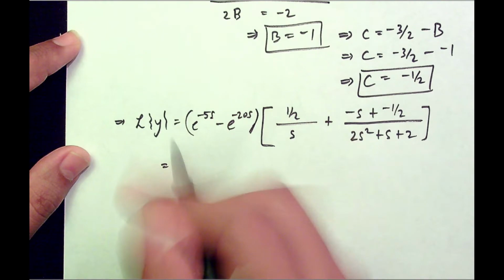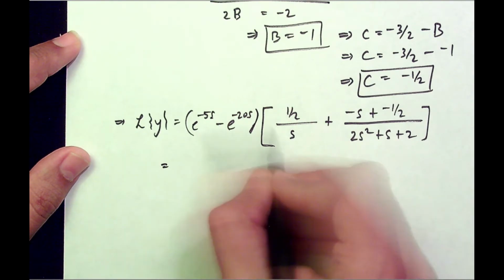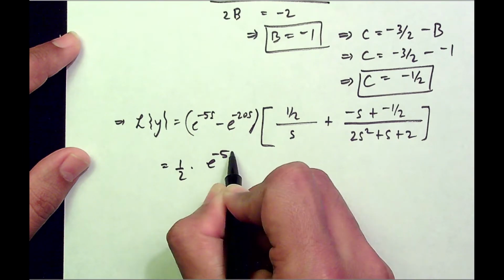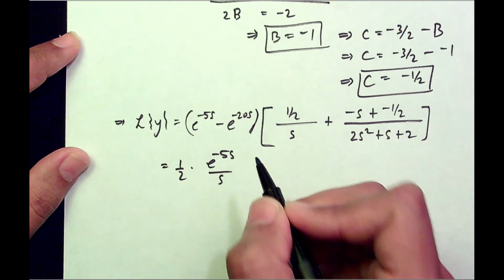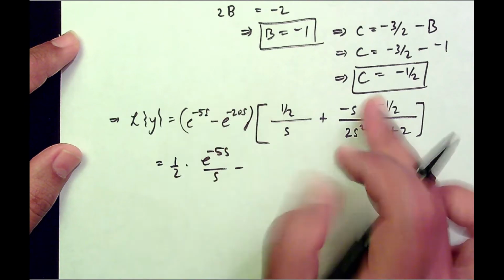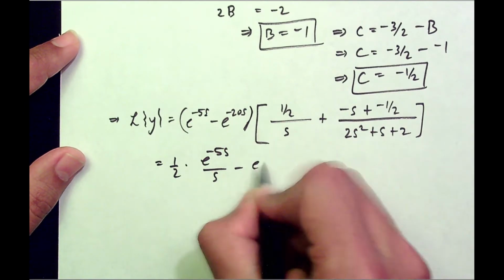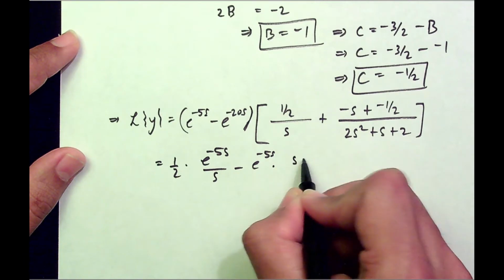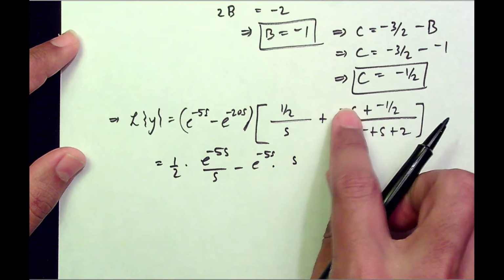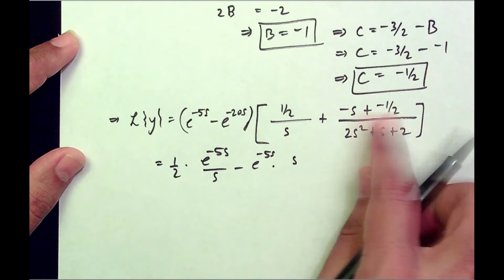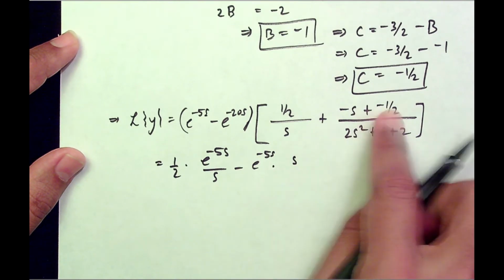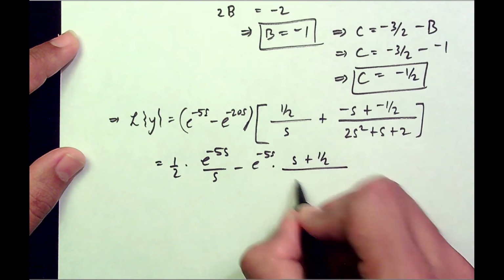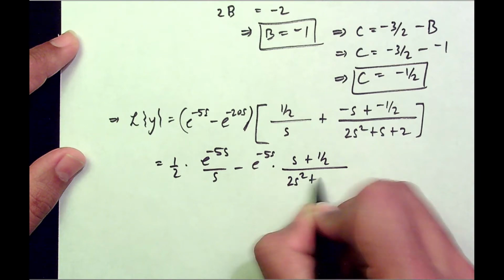This times this is 1/2 times e to the negative 5s over s, minus e to the negative 5s times, I just pulled the minus from both of them. If you pull the minus from both of them, you can put it in front and then they become both positive. So plus 1/2, all that over 2s squared plus s plus 2.